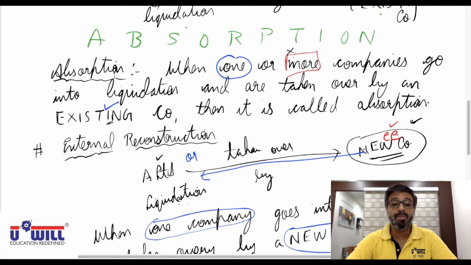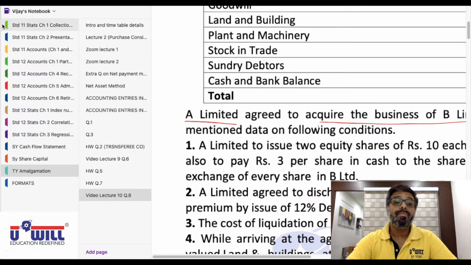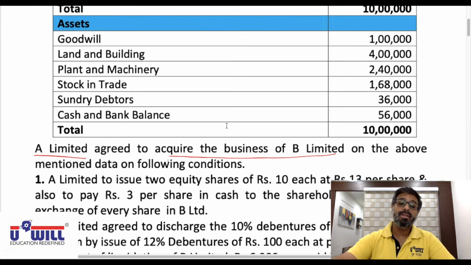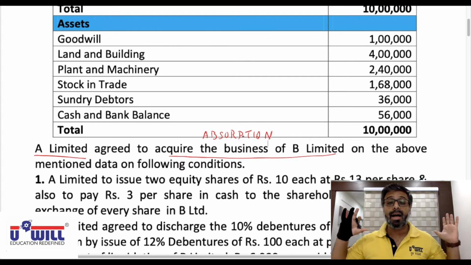See this, absorption: when one or more companies go into liquidation and are taken over by an existing company. In our example, B Limited is going into liquidation and taken over by A Limited. So actually this is a case of absorption. However, from the accounting point of view, all are covered under only one umbrella, amalgamation.